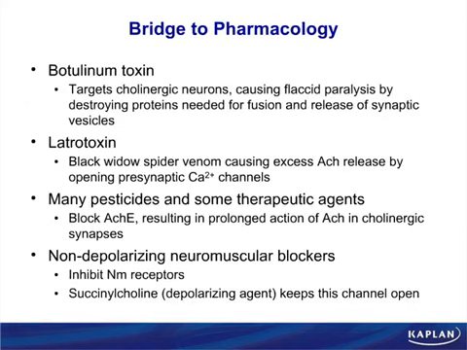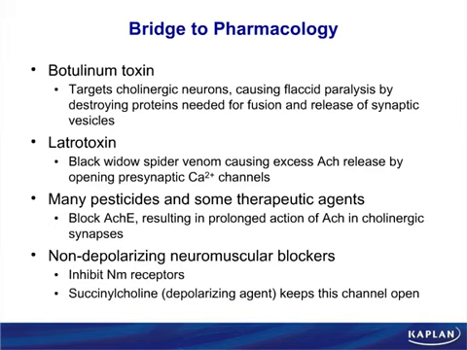All right, let's bridge a little bit to pharmacology as it relates to this cholinergic transmission. We'll start first with Botox. Oh, we all know about Botox now, but you know Botox is a deadly toxin. It fixes your wrinkles, but don't get too much because it's deadly.